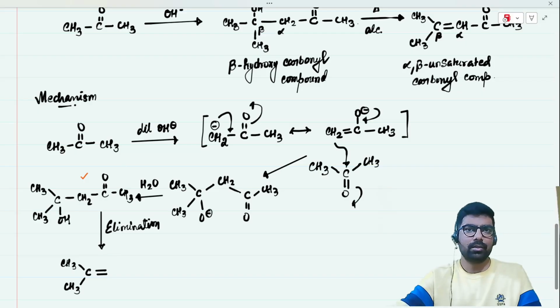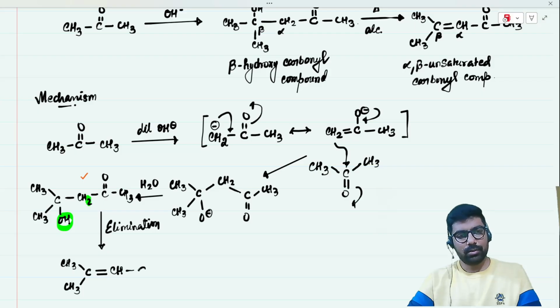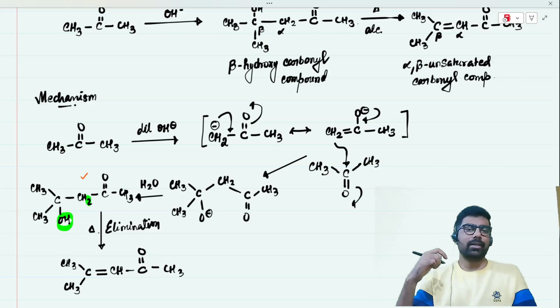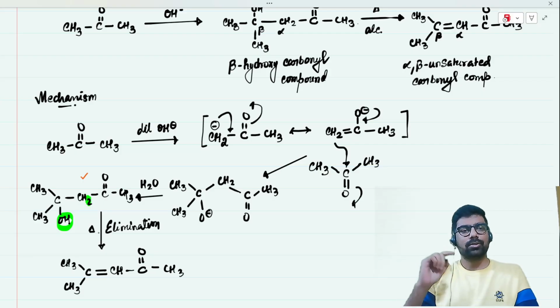One of the hydrogens from the alpha carbon, from this one, and this OH will be eliminated. So the product will be CH, C double bond O, CH3 in the presence of heat, let's say. So these are my two products. Either one can be the product depending on whether heat or alcohol is given or not.